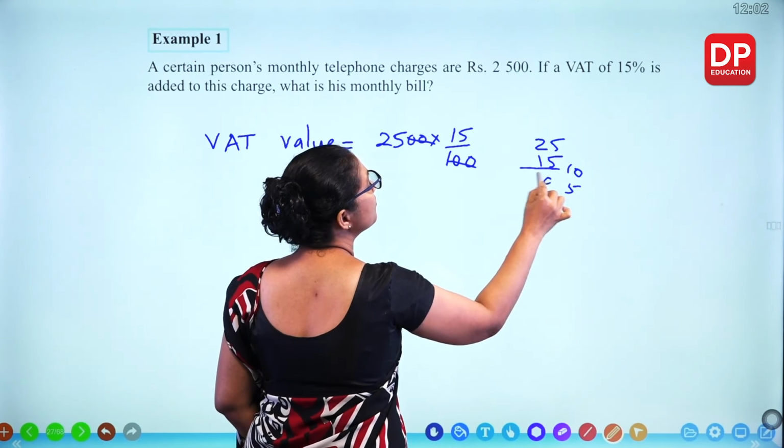That's the tax amount. So you have to pay extra for that.